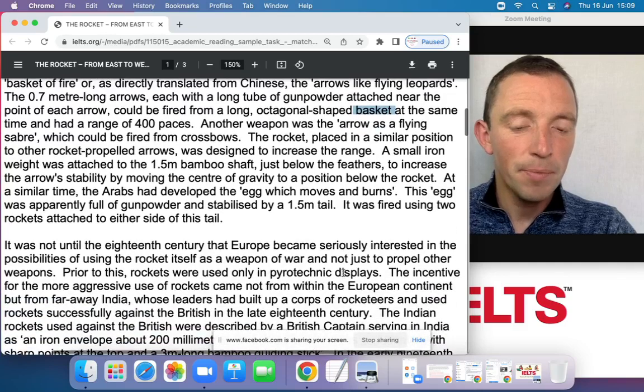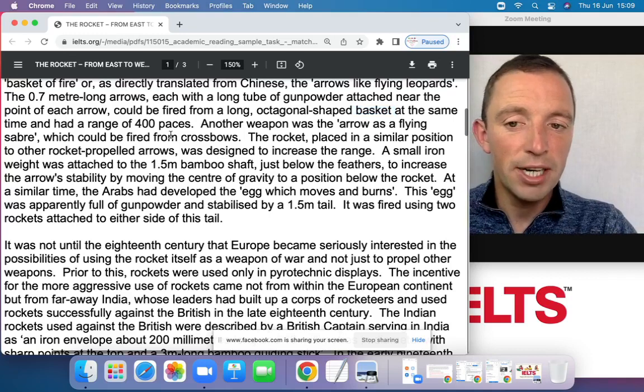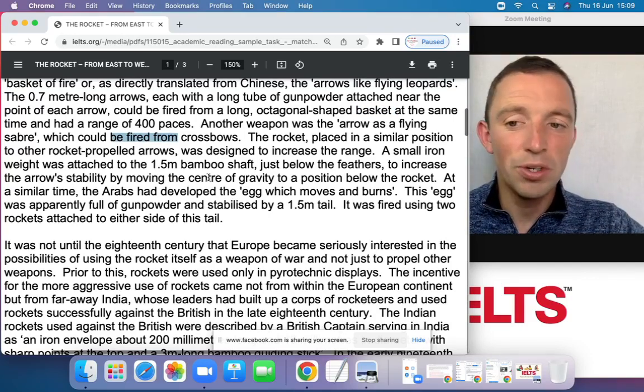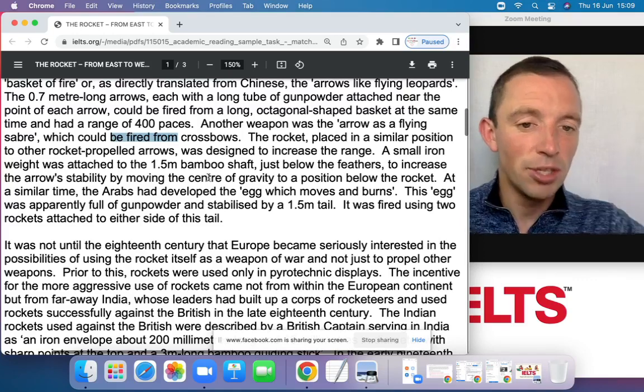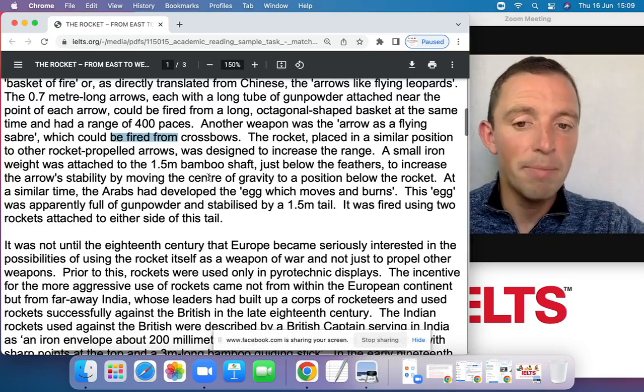Another weapon was the arrow as a flying saber, which could be fired from crossbows. The rocket, placed in a similar position to other rocket propelled arrows, was designed to increase the range. A small iron weight was attached to the 1.5 meter bamboo shaft just below the feathers to increase the arrow's stability by moving the center of gravity to a position below the rocket.